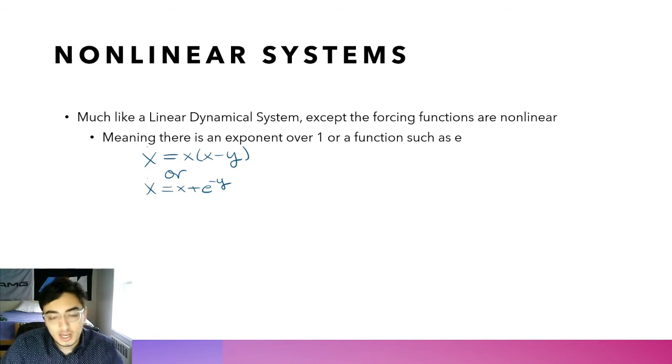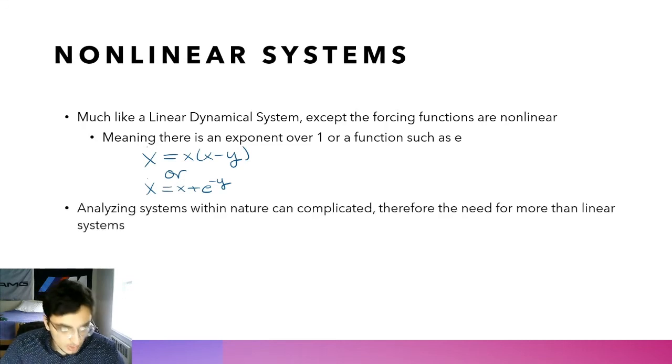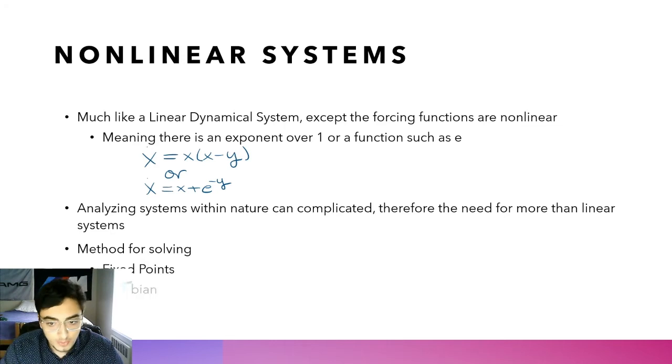What would make a function nonlinear is the same thing that would make a nonlinear dynamical system as well. Analyzing these systems within nature can be complicated. Therefore, we need more than just a linear system. Linear systems can only encapsulate so much of what happens in nature. So to substitute for that, we have nonlinear systems which expand on linear systems and try to cover more of what happens in nature than just a linear system can do.